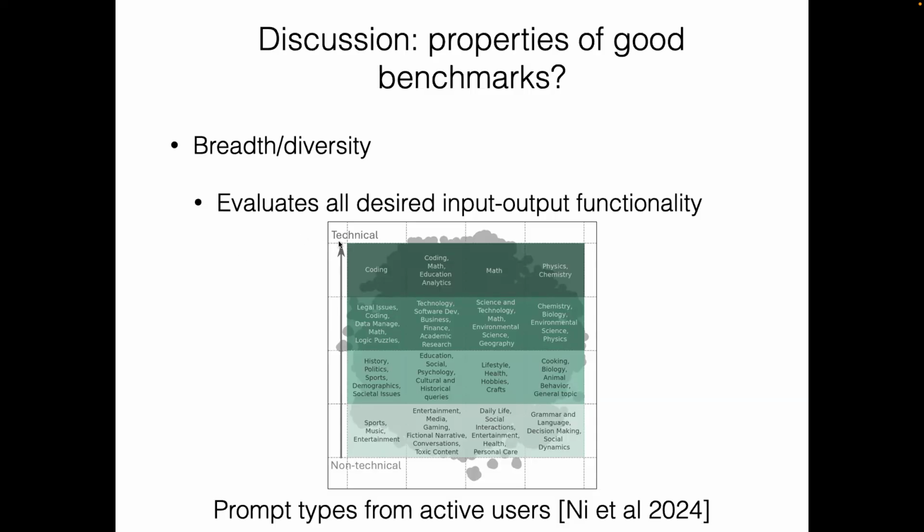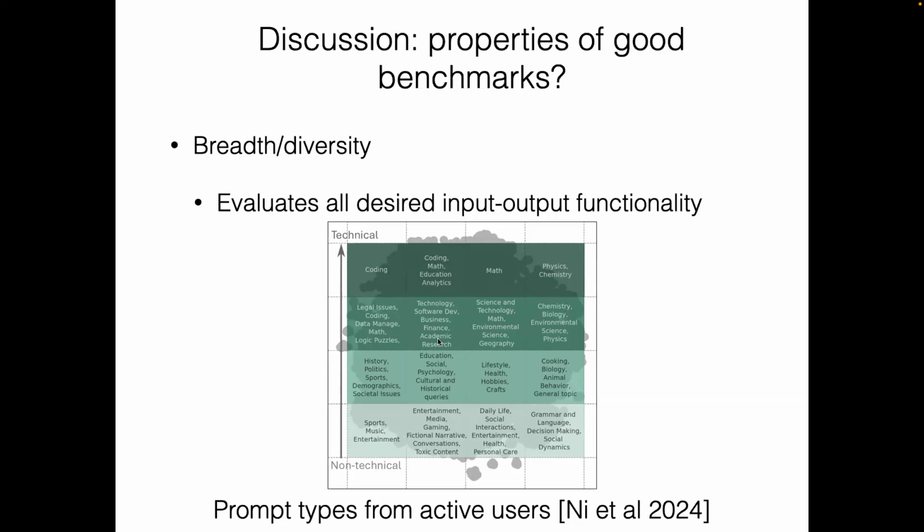Here they have this axis, technical versus non-technical. You can see a lot of questions were being asked about coding, math, physics, chemistry, and also stuff like daily life, social interactions, fictional narratives, a whole wide range of things.